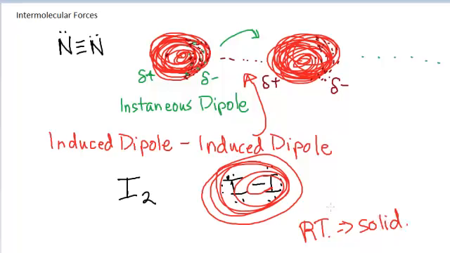That means its boiling point is well above room temperature. It's up close to a couple of hundred degrees Celsius, and in fact its melting point, in order to get it to go from a solid to a liquid, is above 100 degrees Celsius.